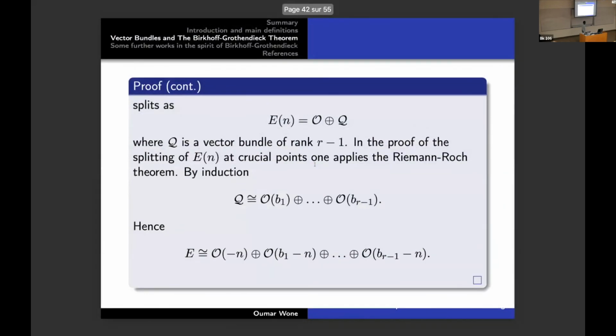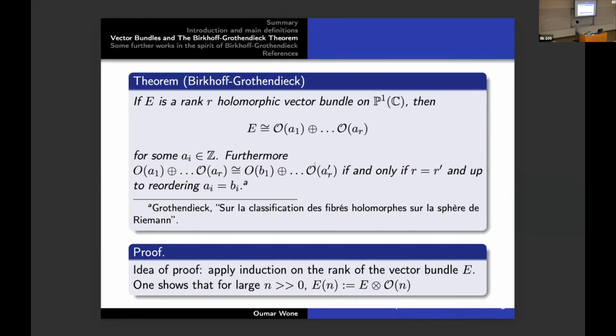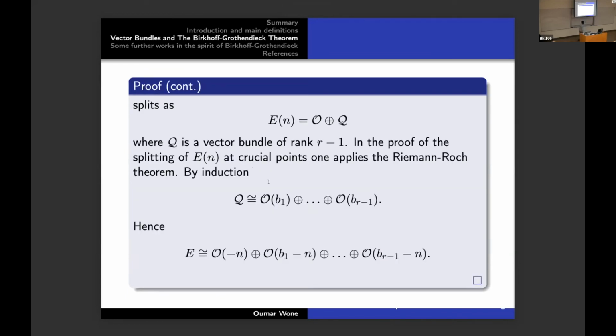So the idea of the proof is the following. We use induction on the rank of the vector bundle E, and one shows that for large n, the tensor product E(n), which is equal to E times O(n), splits, meaning that E(n) is equal to O plus Q, where Q is a vector bundle of rank r minus 1.